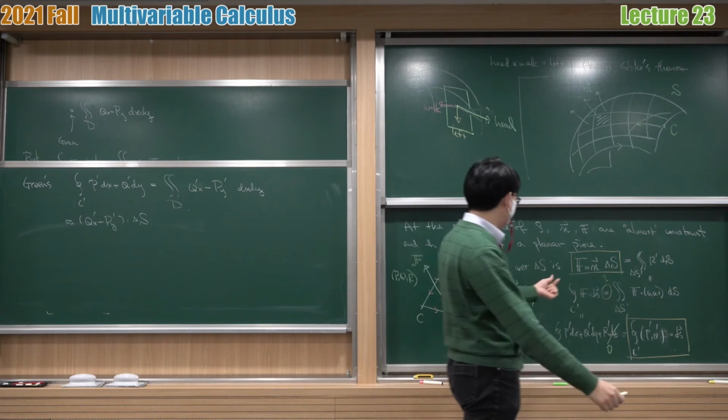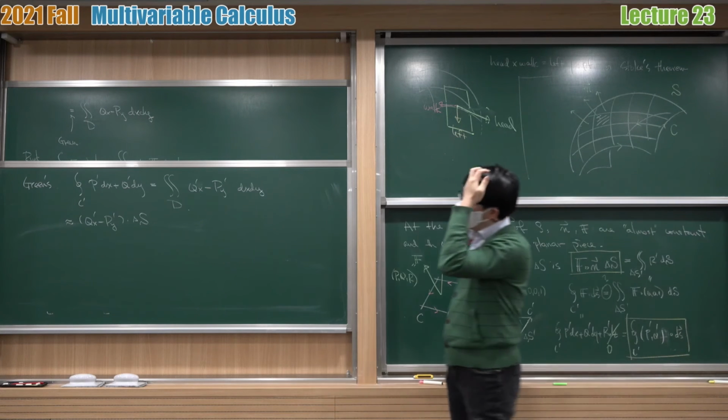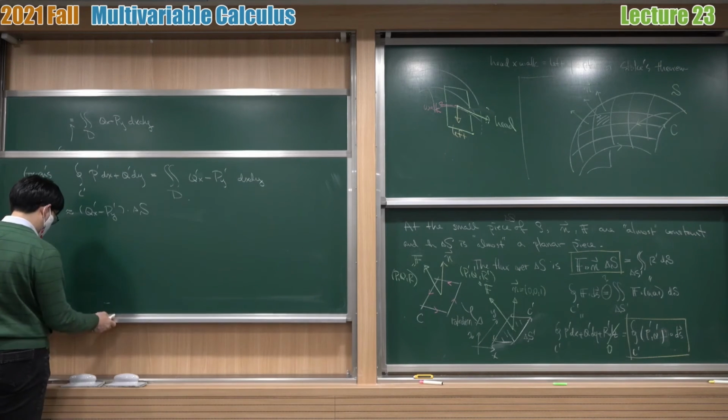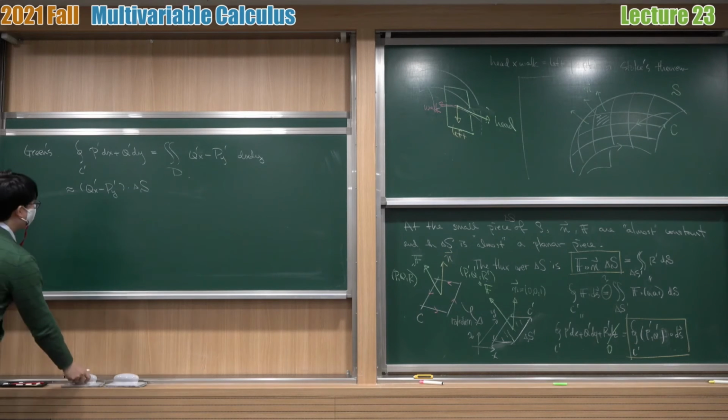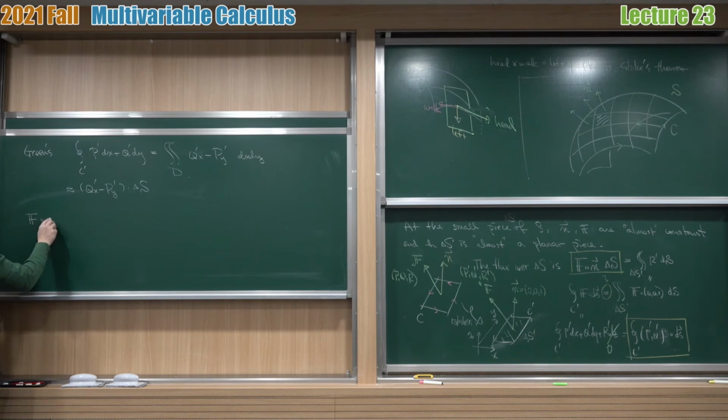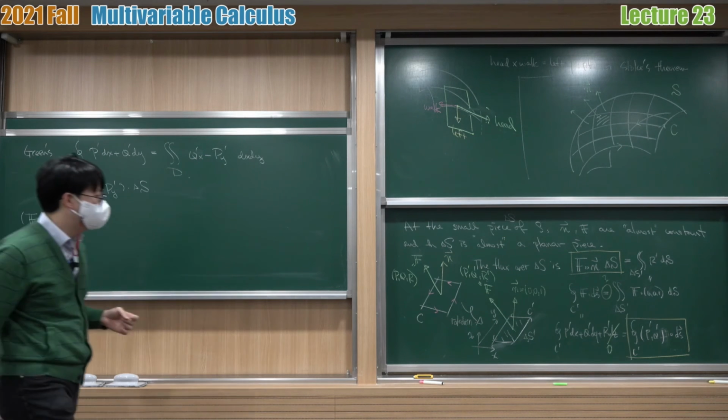And let's think about the right-hand side here. F n delta S, this is just the area of S, okay, delta S, is equal to, well, there's a normal direction here.